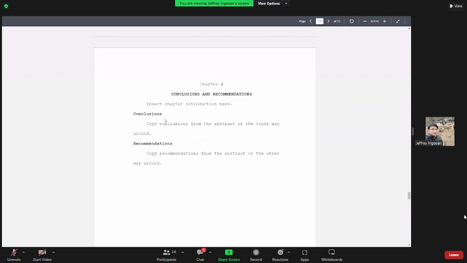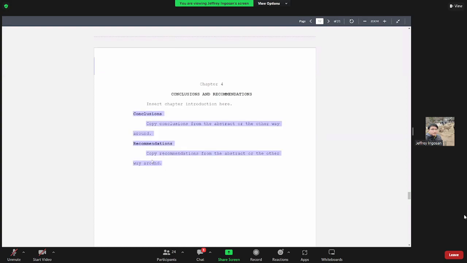So recall earlier that in the abstract, you have the conclusions and recommendations. Whatever conclusions and recommendations are written in the abstract should be exactly the same as the conclusions and recommendations written in chapter 4.